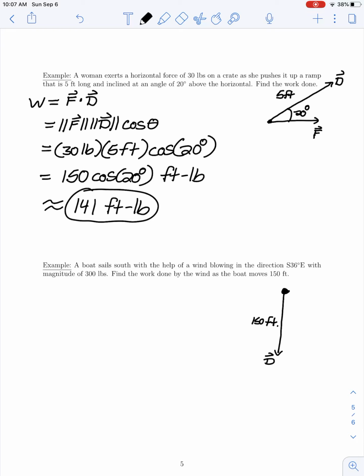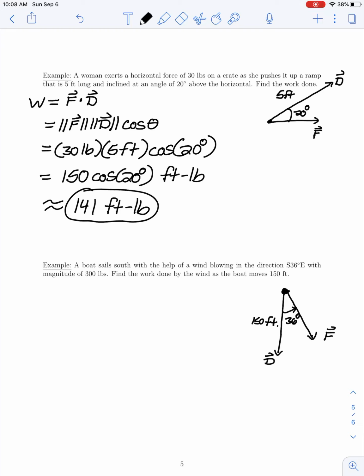And we were told that we had a wind that was blowing in the direction 36 degrees east of south. So from this southern direction, we'll rotate 36 degrees to the east. And we have this wind velocity vector, which is imparting some force on our boat.